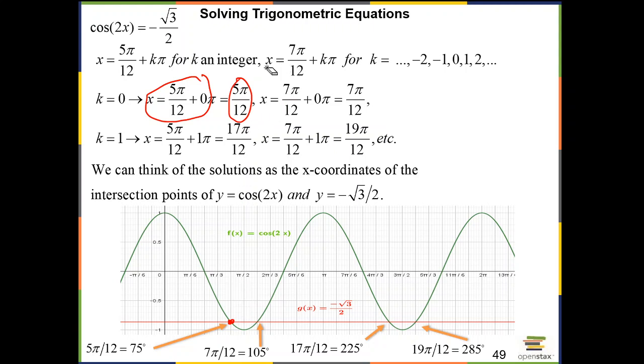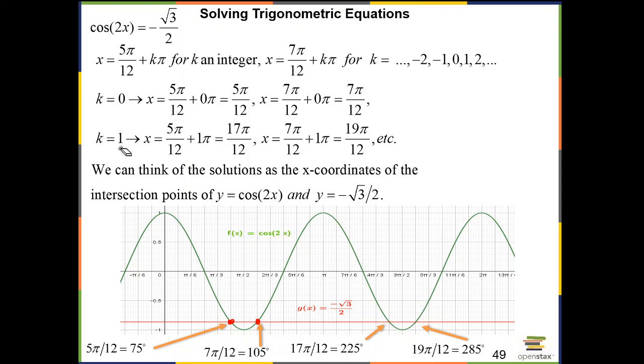And then the other equation, if k is 0, gives us 7 pi over 12, which is this one. 7 times 15 is 105. So that's another solution. When k equals 0, we get two solutions.